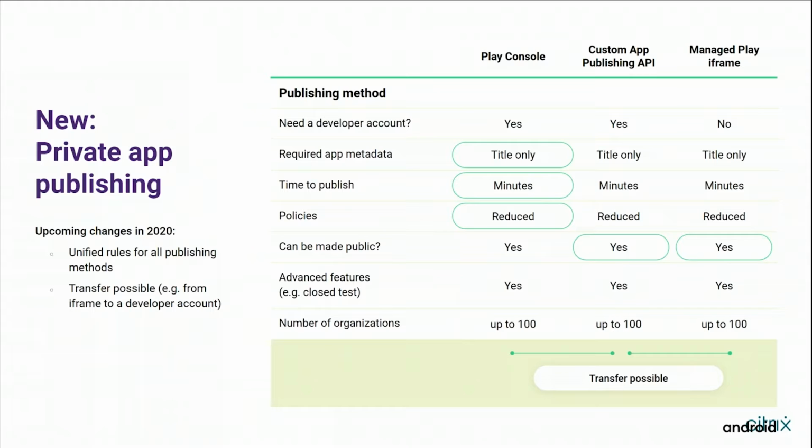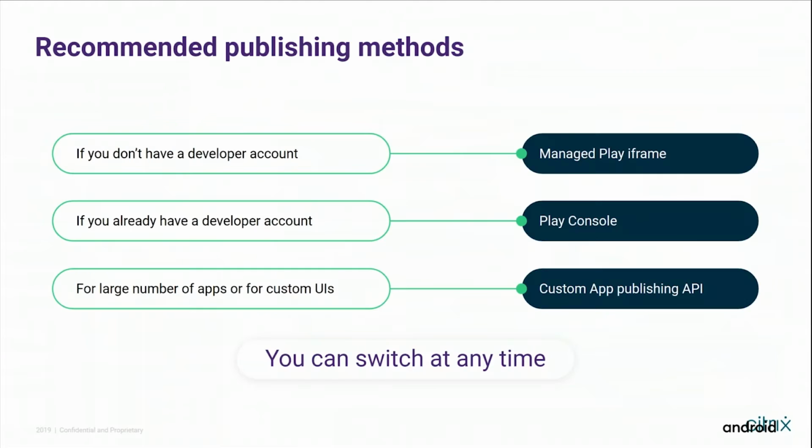Your app is published within minutes after you click the publish button, and we apply a reduced set of policies. So it will be simpler for customers to choose which method to use. And this choice will not be set in stone, since it will be possible to switch between the different methods.